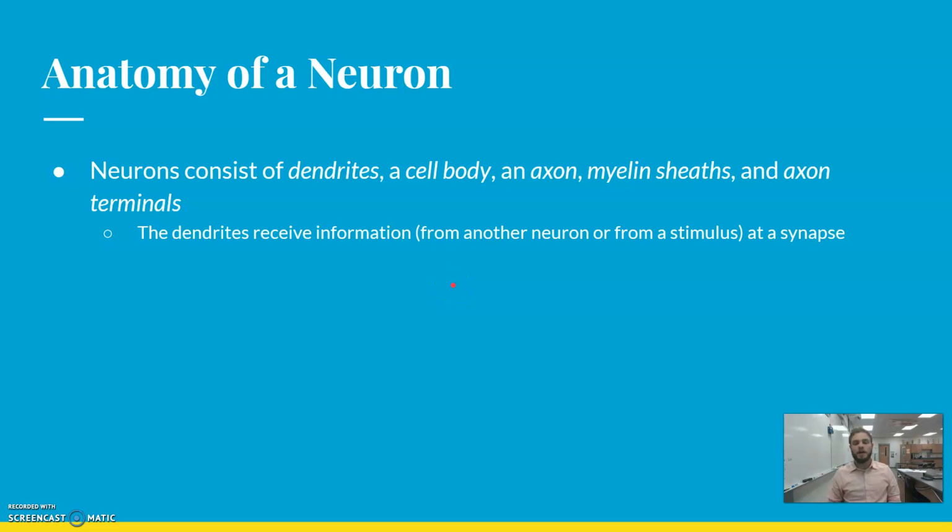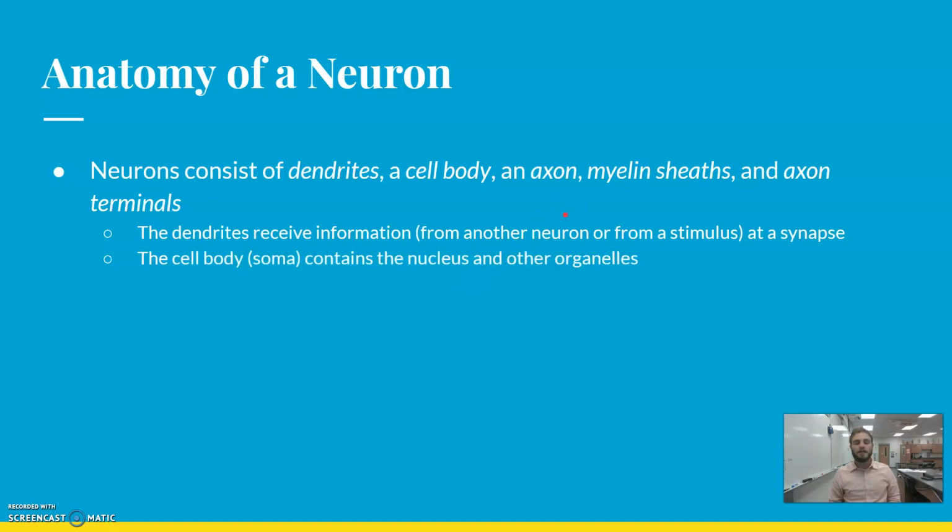So this can be from some sort of stimulus, depending on certain types of neurons, or it can receive information from another neuron that it's then going to carry through the rest of the neuron. It receives information at synapses if it's attached to another neuron, or sometimes the dendritic ends have their own ability to receive information if they are a sensory neuron.